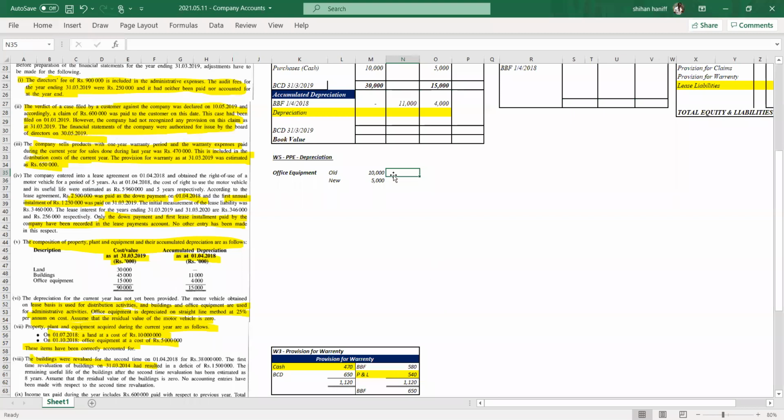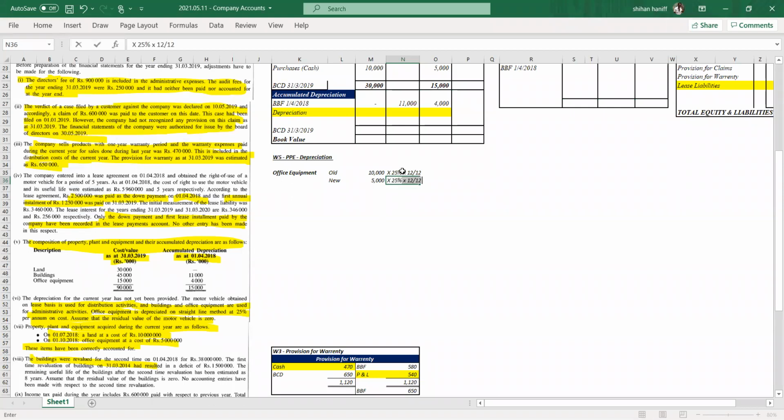So office equipment is depreciated at 25% for 12 months.